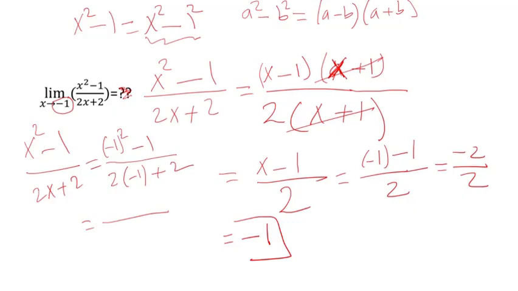So negative 1 squared is just 1, minus 1, divided by 2 times negative 1, which is minus 2, plus 2. Notice 1 minus 1 is just 0, and minus 2 plus 2 is 0. Well, this does not make sense.